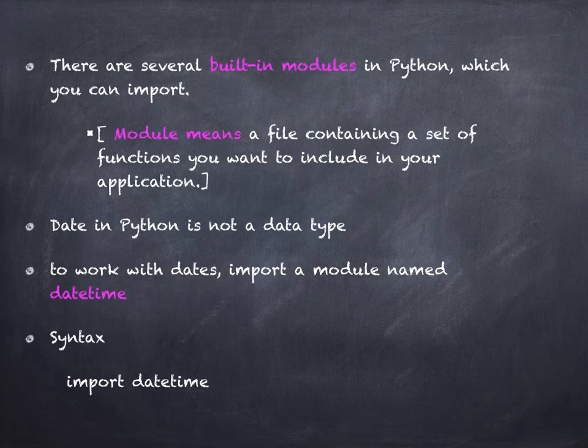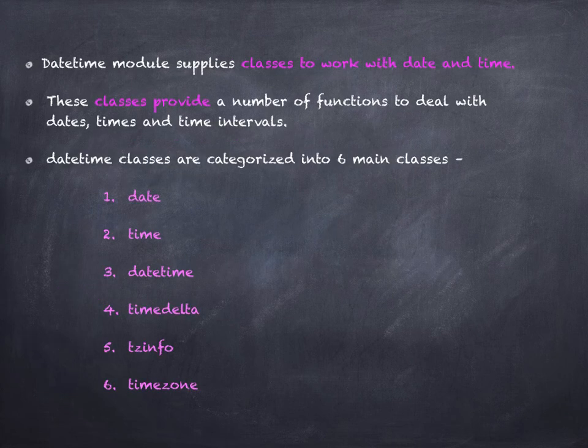The syntax is import datetime. This datetime module supplies classes to work with date and time, and these classes provide a number of functions to deal with dates, times, and time intervals.